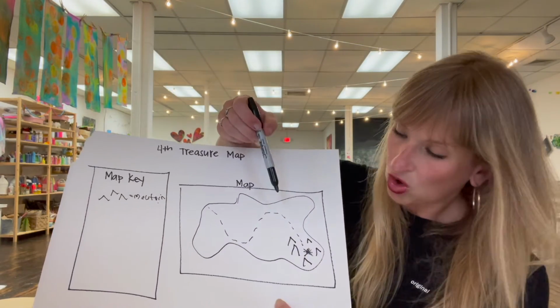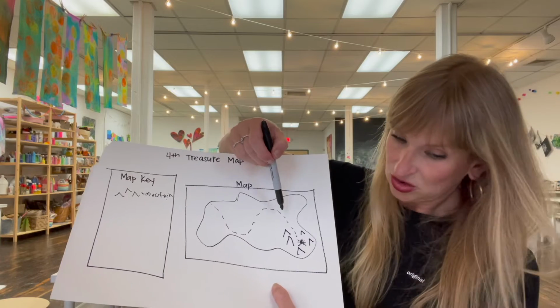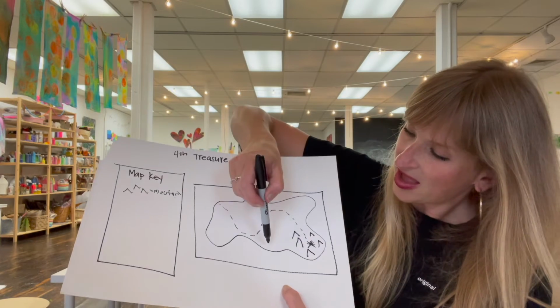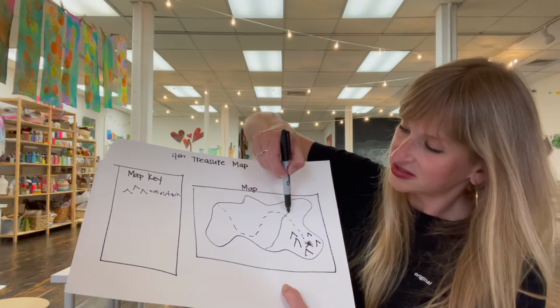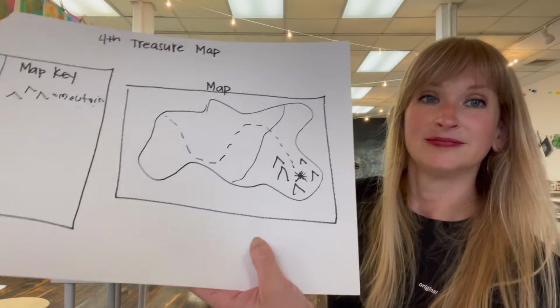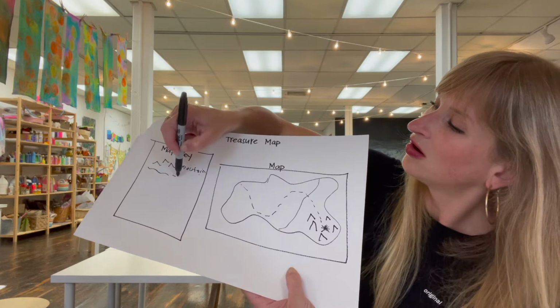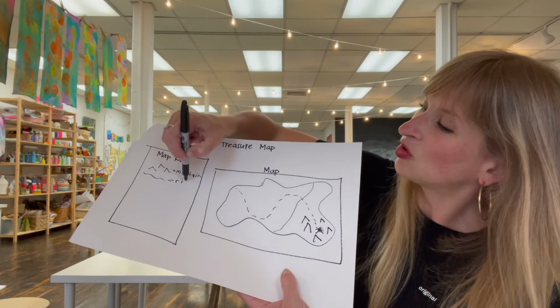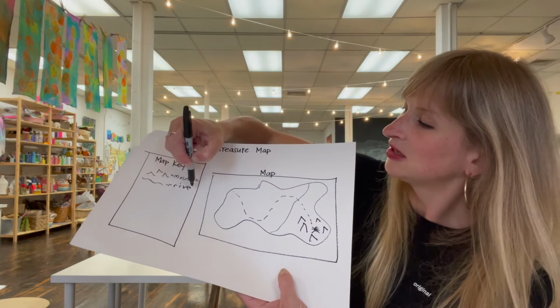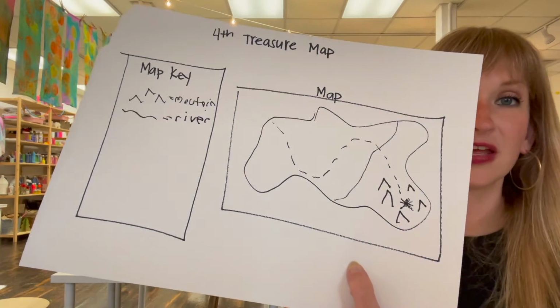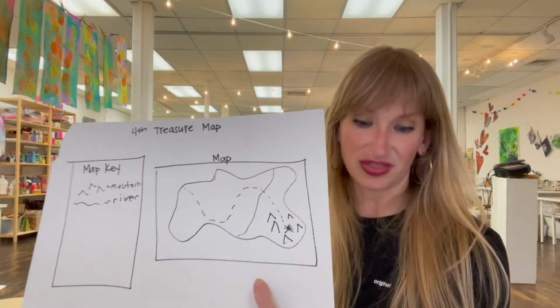As I go along my trail, I am going to cross a river. So on my map key, I'll draw a river, and I'm going to label it so that anyone looking at my map will know exactly what they're looking at.